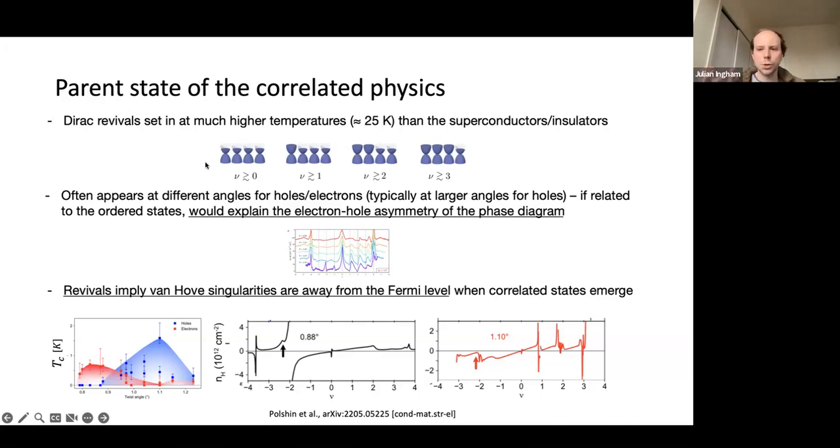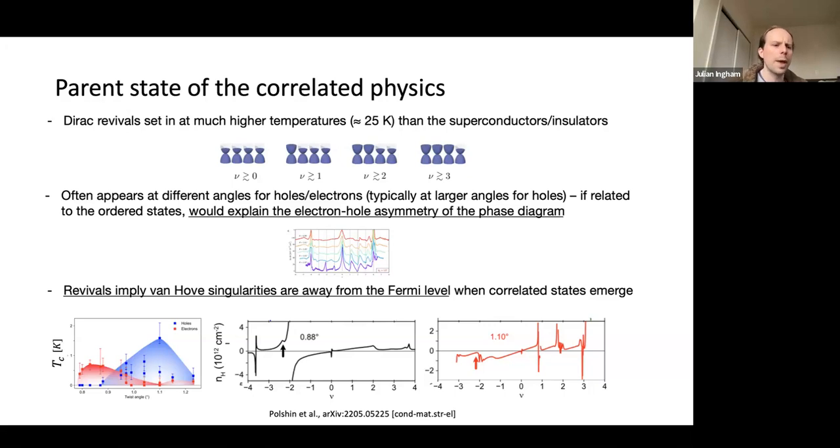Now, if we are to ascribe the appearance of the superconducting and insulating states to these polarized Dirac states, then this naturally explains the asymmetry between electron and hole doping that I flagged at the beginning of the talk, because this polarized Dirac state in a given device with a given twist angle may or may not appear at the same integer fillings or with the same robustness on both sides of the phase diagram.